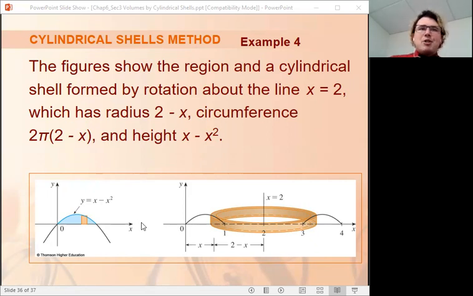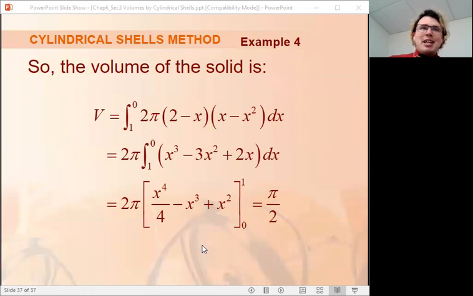The tricky part about this one is going to be figuring out the circumference, bearing in mind that my radius is now going to be the distance from x-coordinate 2 to whatever x-coordinate I actually want. We'll call that 2 minus x. 2 minus x is the distance between 2 and x, so long as x is to the left of coordinate 2. Let's put that in the integral formula.